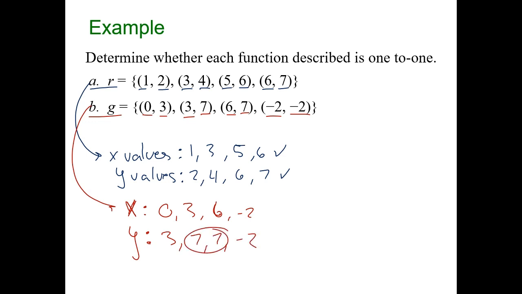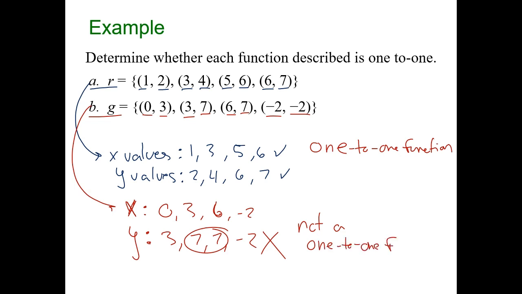Well, because the 7s show up more than once, that's not a one-to-one function. It's still a function because the x values don't repeat, but it's not a one-to-one function. So here we have a one-to-one function, and this is not a one-to-one function.